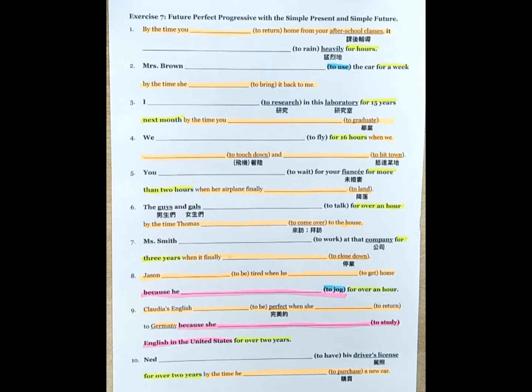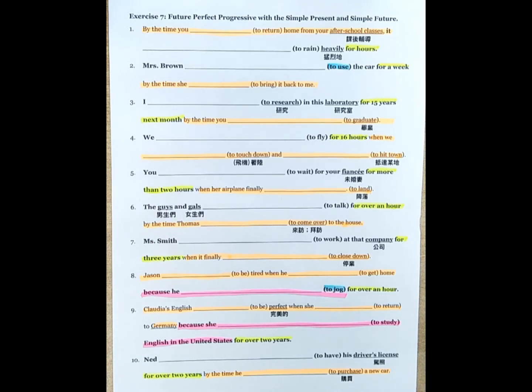9. Claudia's English is going to be perfect when she returns to Germany because she is going to have been studying English in the United States for over 2 years. 10.